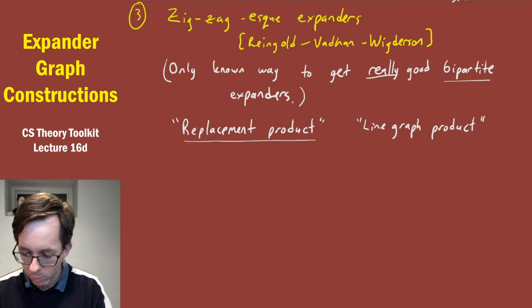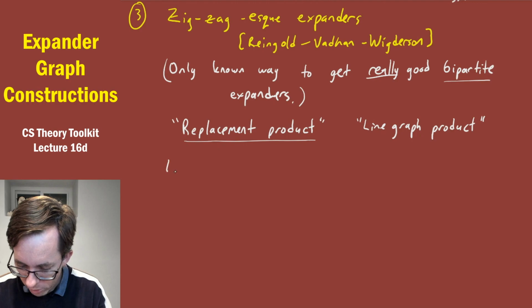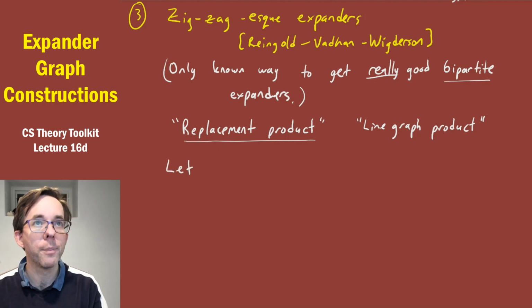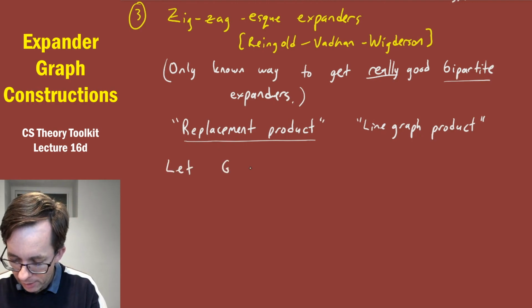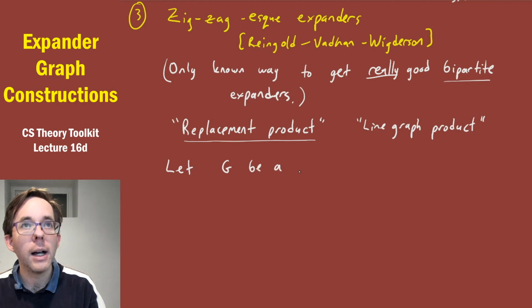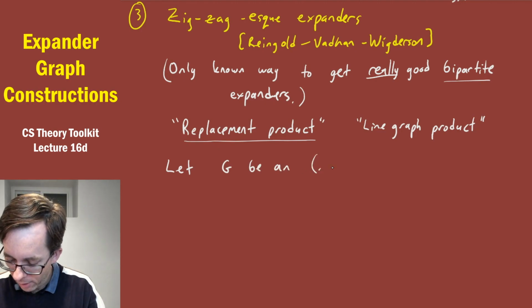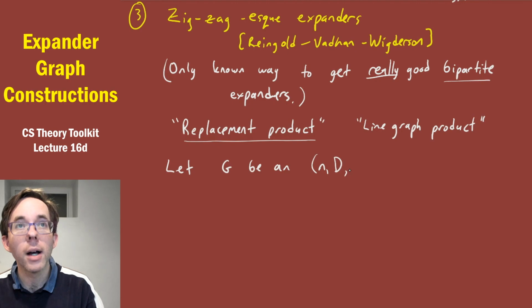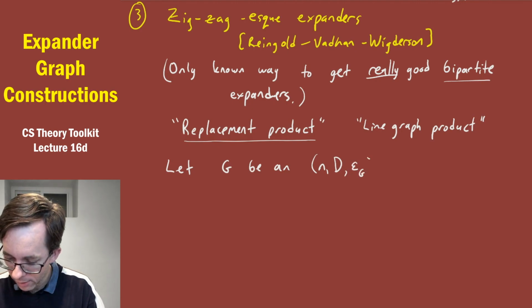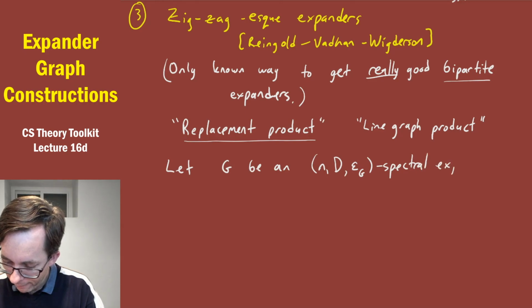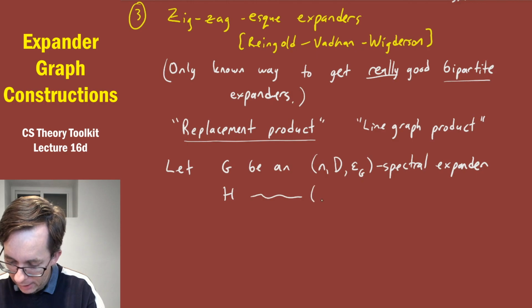Here's the idea, which perhaps will be explored on homework. Let G be an (n, D, epsilon sub G) spectral expander. And let H be a (D, d, epsilon sub H) spectral expander.